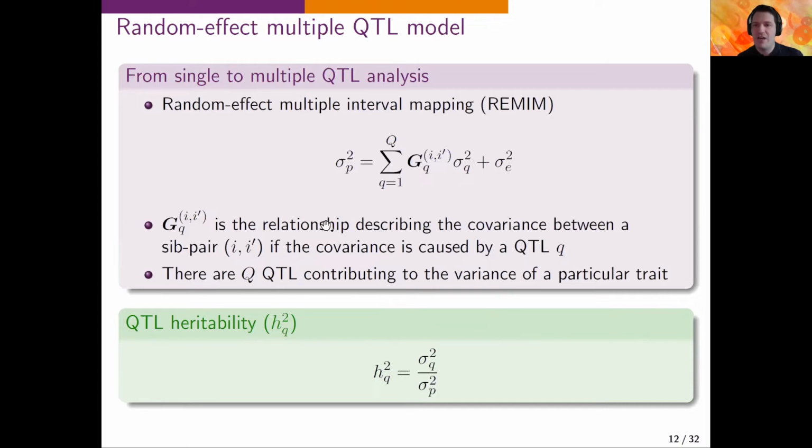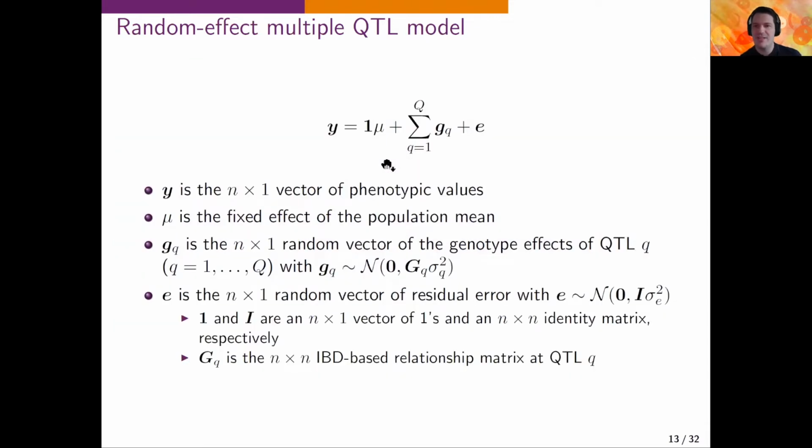This model has been called random effect multiple interval mapping, or REMIM. And this is just another way to write this multiple QTL model. But some people would find it easier to understand in terms of variance components. So that's why I showed that first. And we can do so because the QTL are treated as random effects here, right?